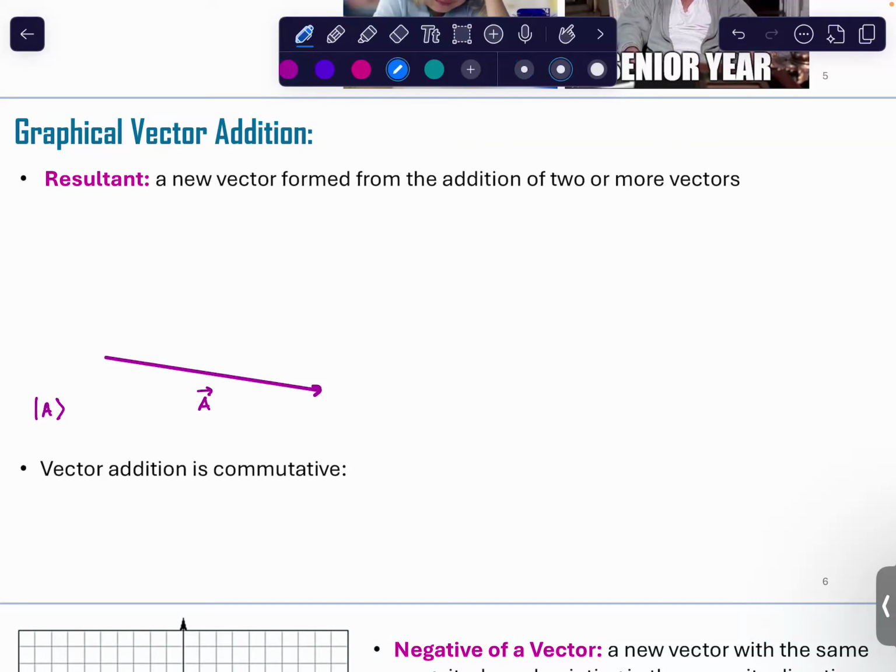Then let's say we have vector B. Now, what we want to know, our resultant vector is A plus B. And your resultant vector always goes from the tail of the first vector to the head of the last vector.